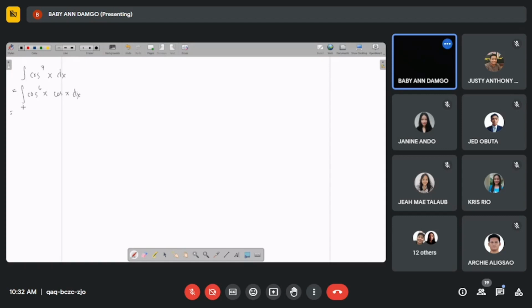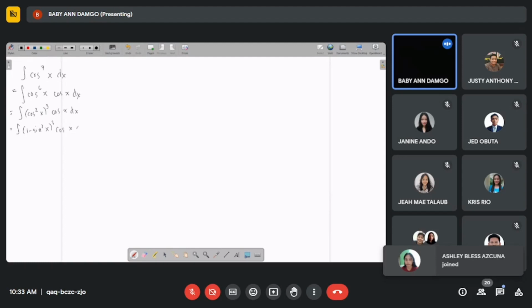Okay, so here we have cosine x to the 6, we can write this as cosine squared x cubed cosine x dx. Okay, so from here, substitute the identity for cosine squared. So we have cosine squared x is 1 minus sine squared x to the cube cosine x dx.